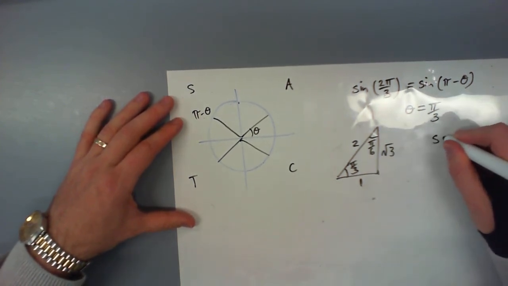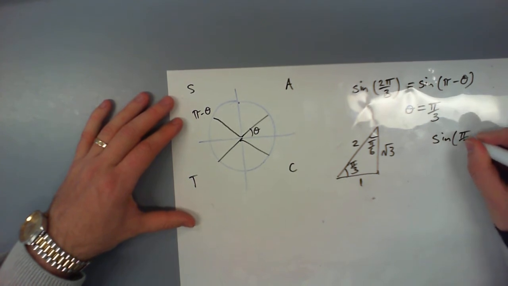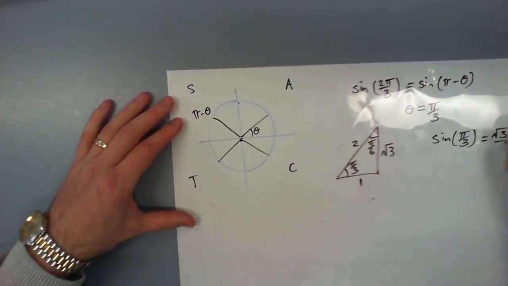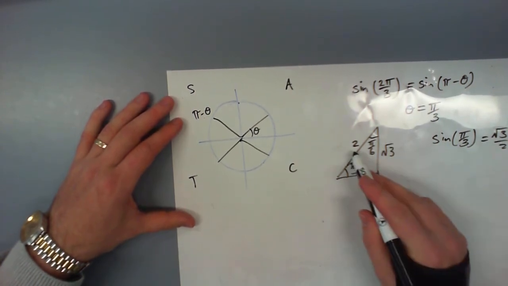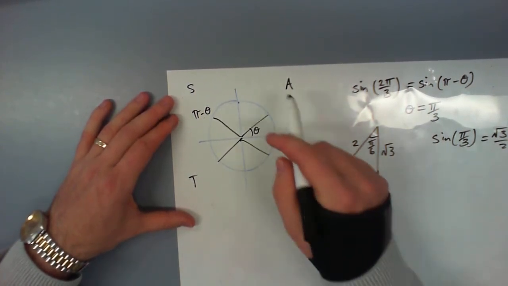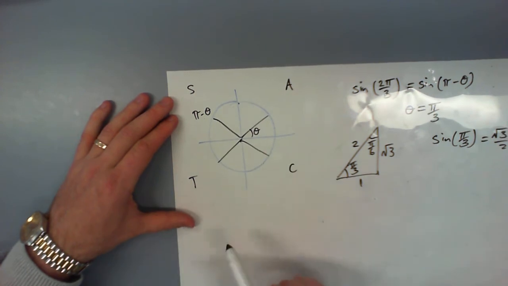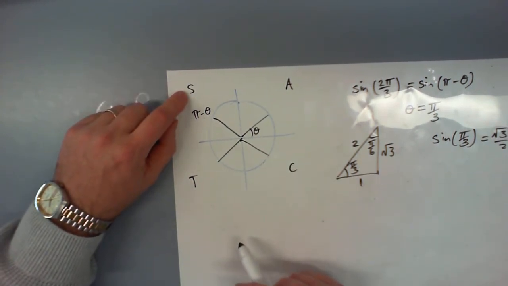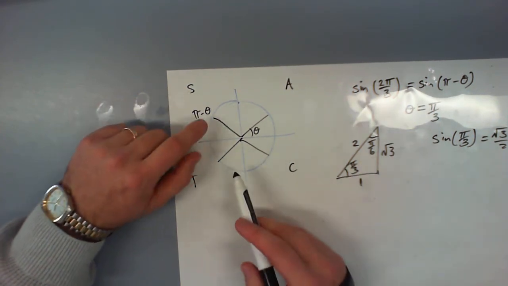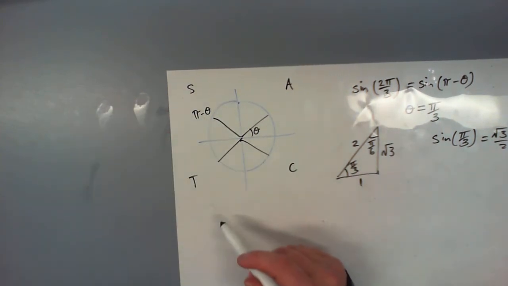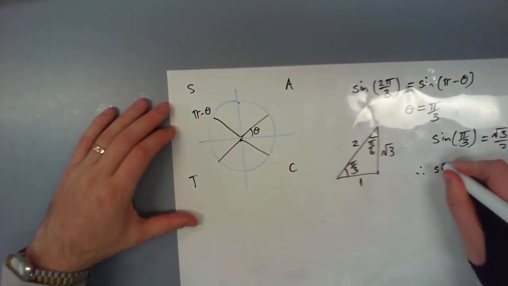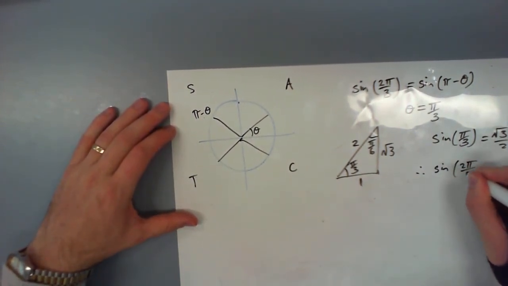So sine of pi on 3 is root 3 on 2. But this is where we need to include CAST, which is telling us that we're in the second quadrant here. Because it's 2 pi on 3, that puts us in the second one, so we're going to have a positive value. Therefore, sine of 2 pi on 3 is also equal to root 3 on 2.